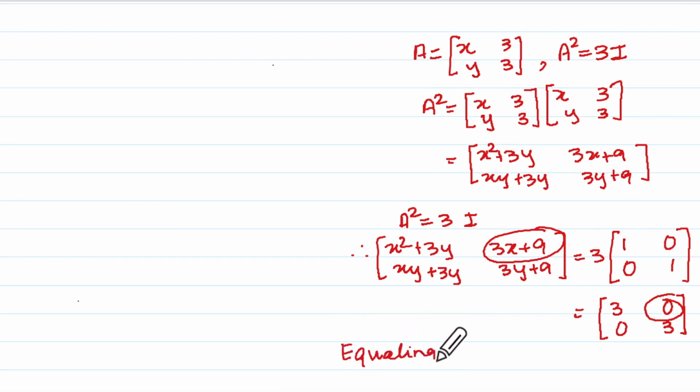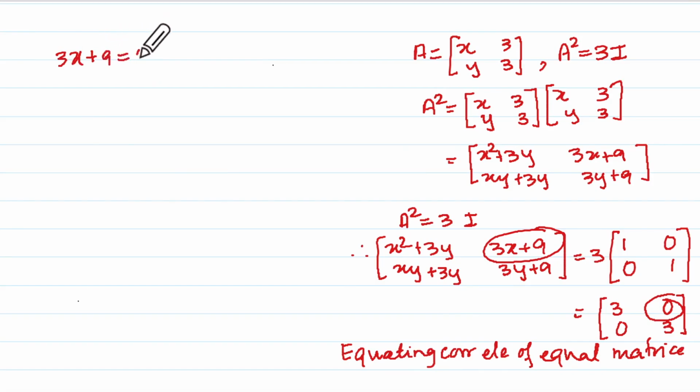Since matrices are equal, equating corresponding elements of equal matrices, corresponding elements are equal, correct? So we have 3x plus 9 equal to 0, which will give us 3x equal to minus 9.